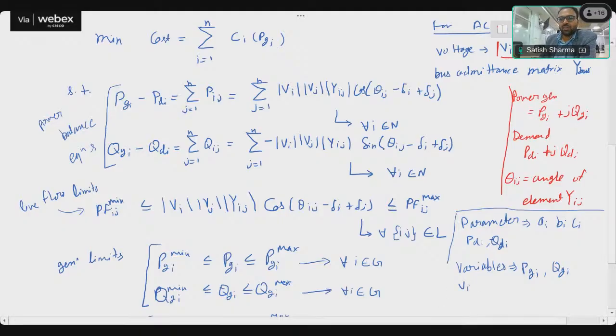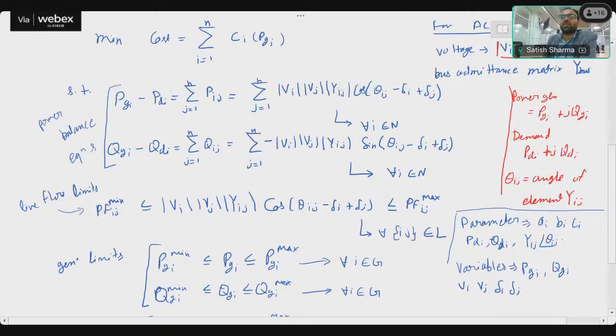Here the angle of voltage is not theta. I have assumed delta. Earlier I assumed theta. So delta i and delta j. These are basically the variables. And if I look at the parameters, so Yij and angle theta ij.